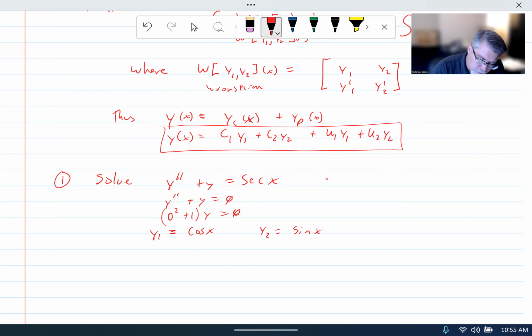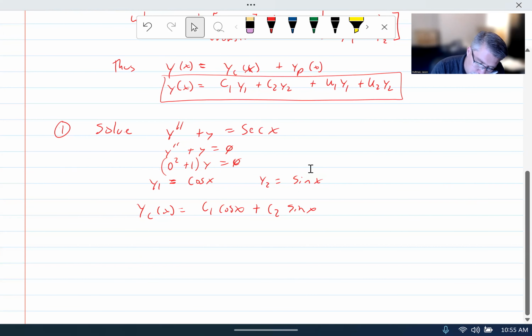Okay, and so the complementary function would be yc of x is equal to c1 cosine x plus c2 sine x.